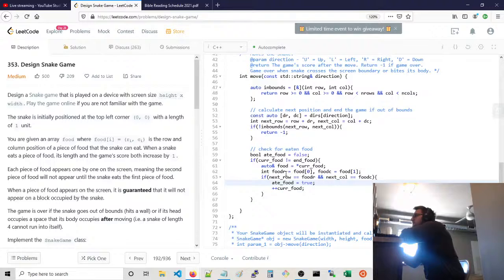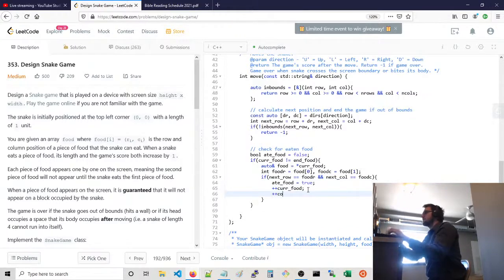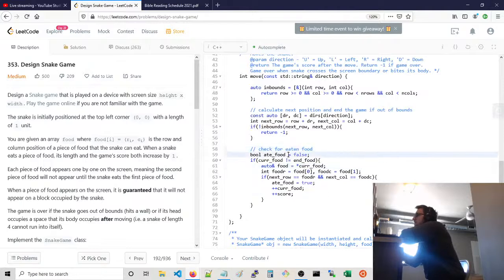And also increment our score. And remember that we ate the food when we check whether or not our head is going to hit the body, or when we actually move the snake.